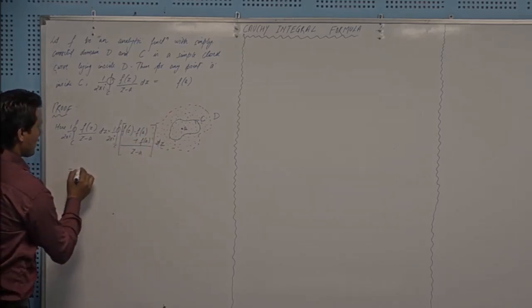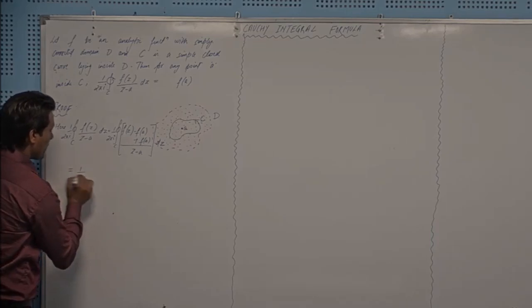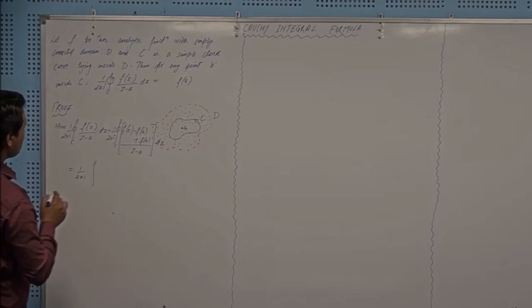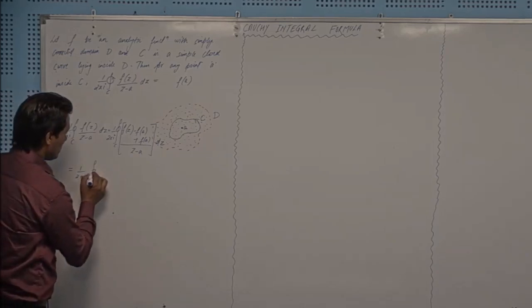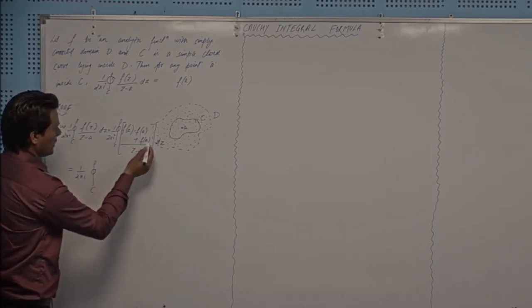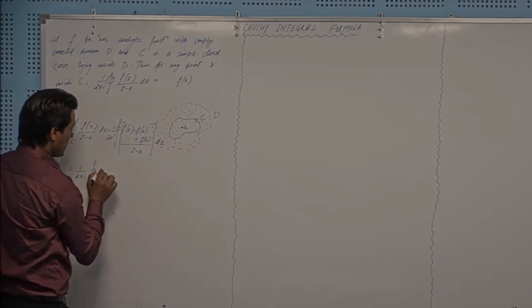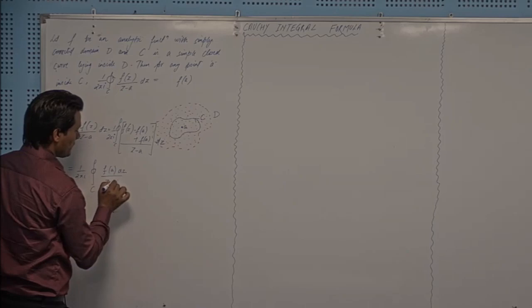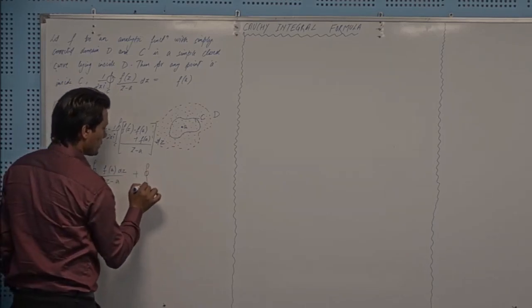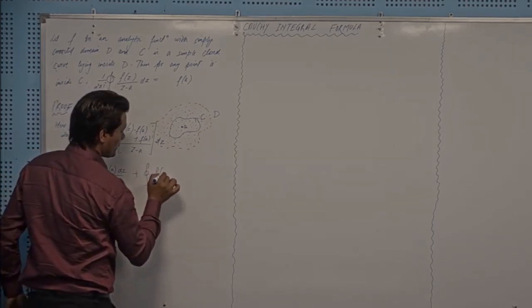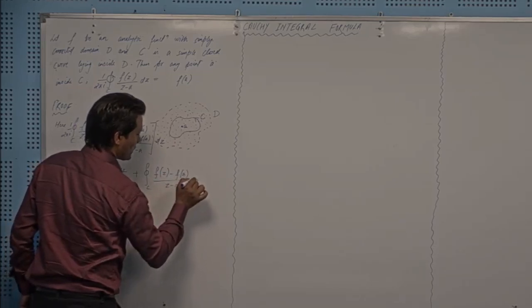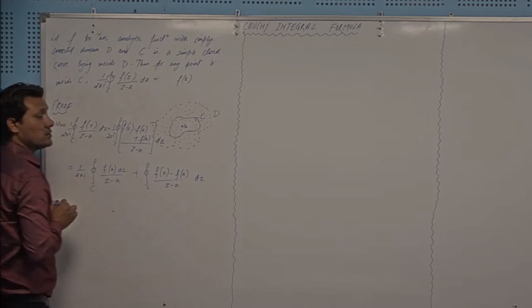Now it will become 1 over 2 pi i, integral over C, f(a) dz over z minus a plus integral over C of f(z) minus f(a) over z minus a dz, right?